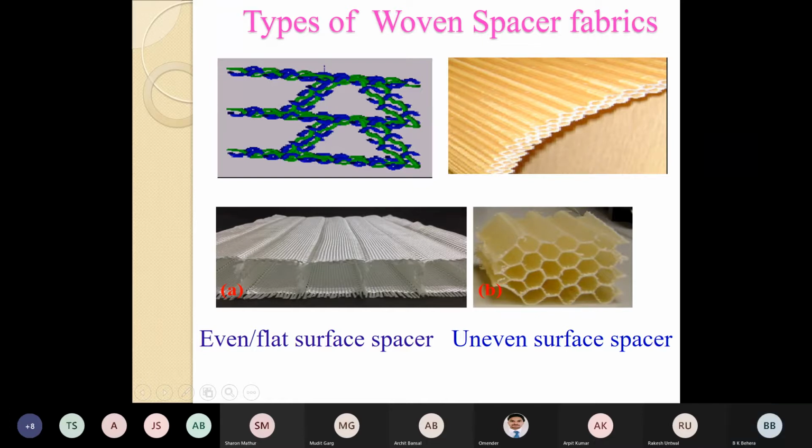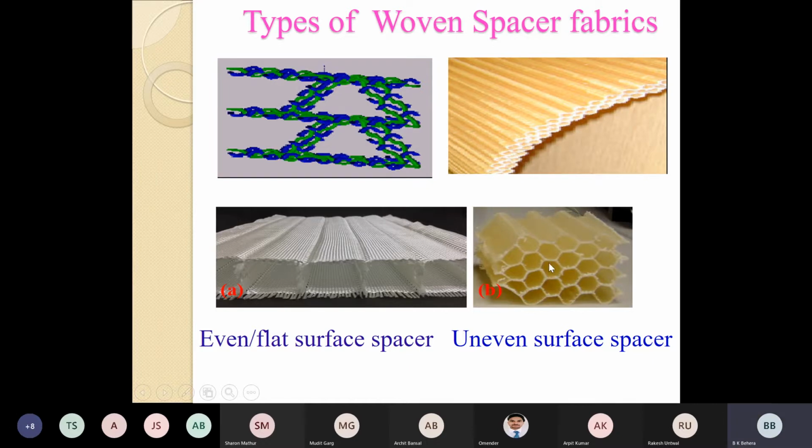This is because of weaving itself, we produce these different types. There are many other types, but we classify into these two categories. One, spacer having even surface, means flat surface. Another category, spacer having uneven surface.